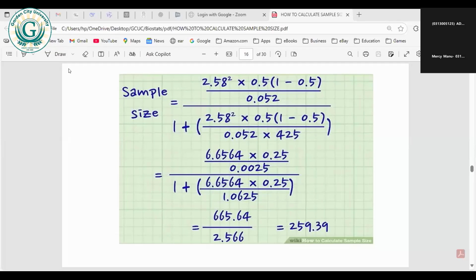Sir, please, with the calculation of 0.05, when I multiply 0.05 by 0.05, it gives me a different answer instead of 0.0025. What answer is it giving you?